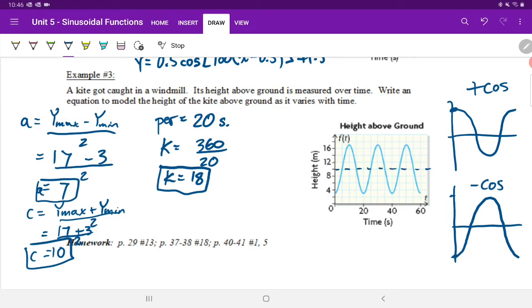So I can choose to do a negative cosine curve, meaning I just make my A negative. If I do that, then I don't have to have any phase shift. So it's my path of least resistance, where I don't have to really calculate any phase shift. So if I go like this, y equals, now remember the function is supposed to look like this.